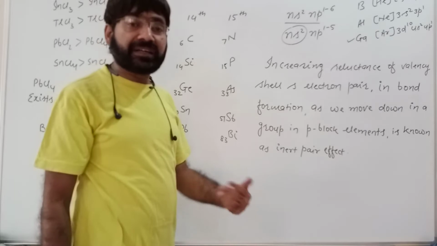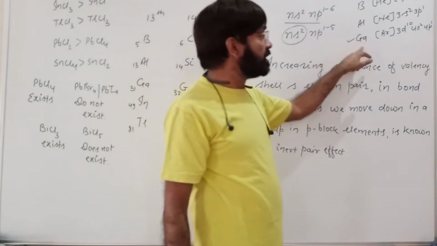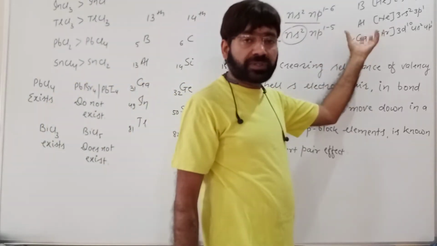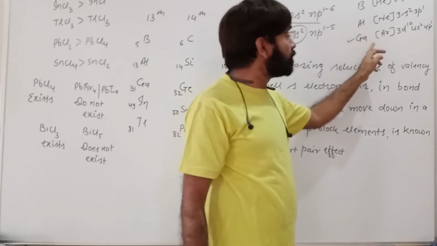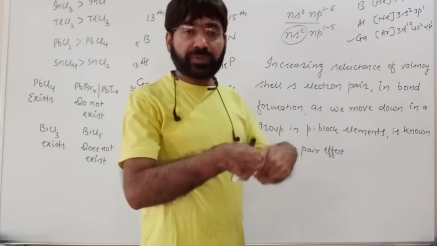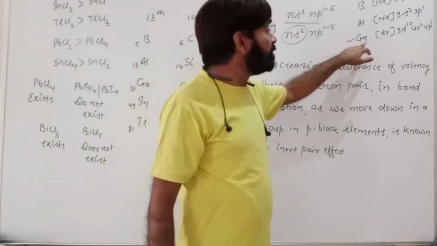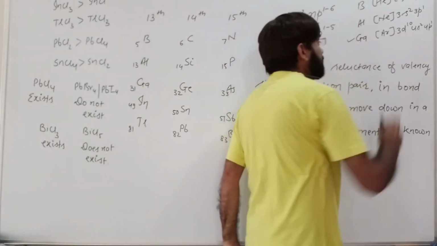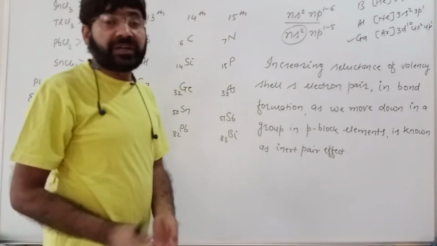And taking advantage of this situation, the nucleus pulls the outermost electrons towards itself. What that means is the effective nuclear charge is more. So as we move down the group, from element number 3 the 3d subshell has been filled up.